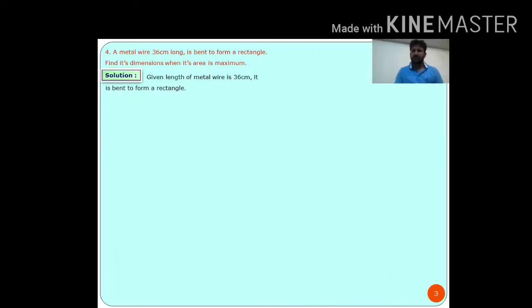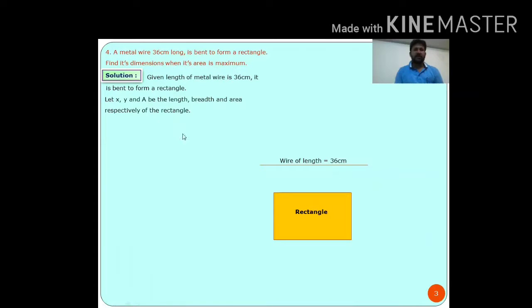Let its dimensions be x and y, that is length and breadth, and capital A the area of the rectangle.